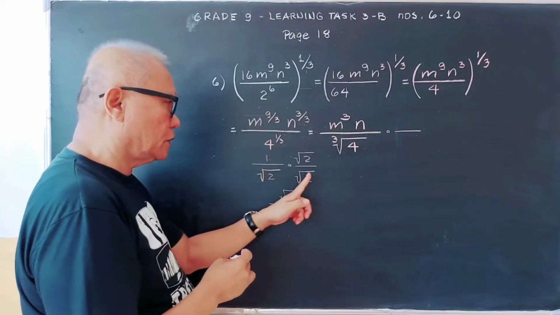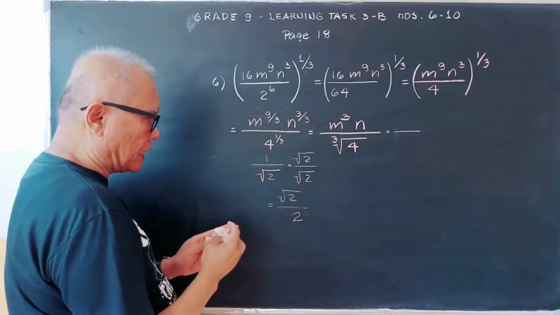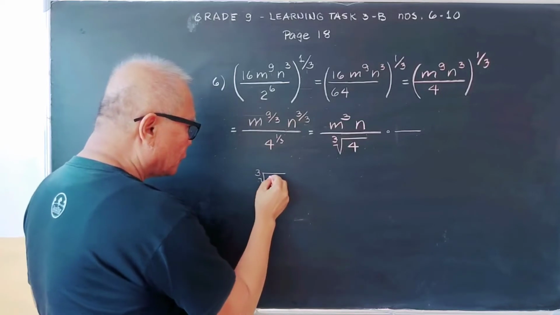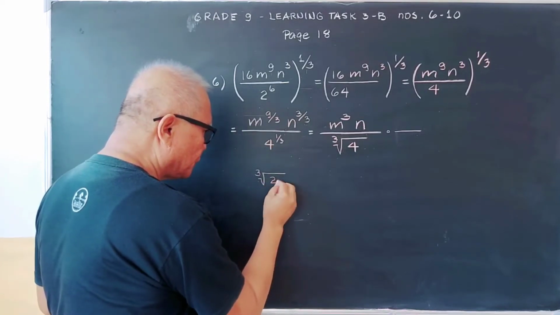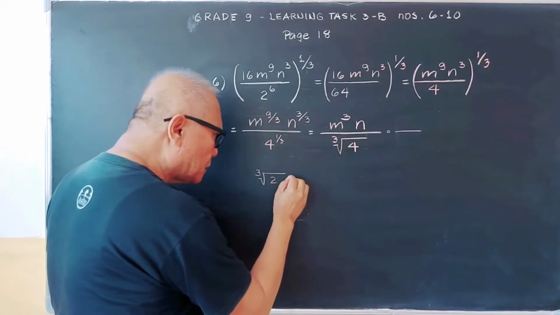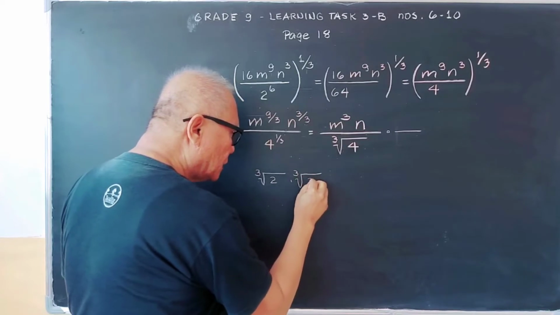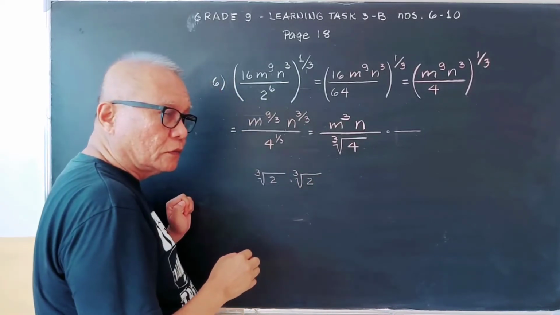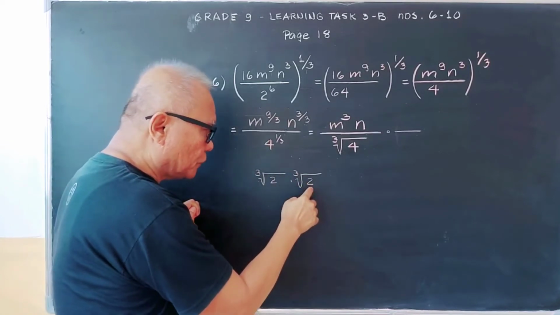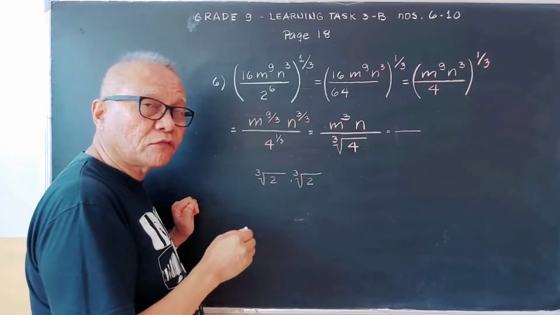Kung ito'y 2x, edi times mo rin 2x. Kung 3x, 3x. Pag cube root, iba. Cube root of 2. So, para mawala ito, times na ng cube root of 2. Hindi pa rin. Kasi cube root of 2 times cube root of 2 is cube root of 4. Oh, eksakto ba ang cube root ng 4?